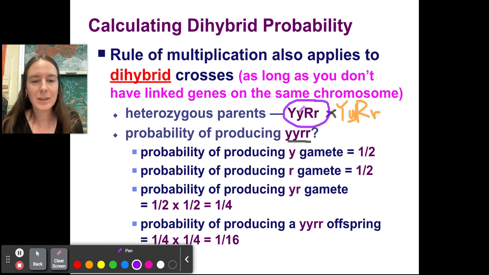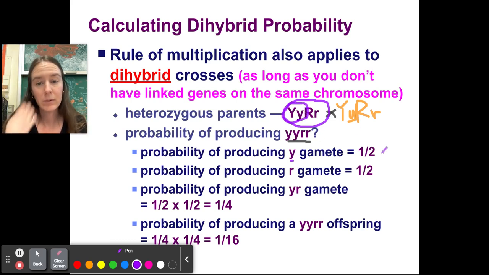So let's just focus, I'm going to zoom in even more, on this gene. We're looking at the seed color. What is the probability that this parent is going to produce a little y gamete? What are the chances? Well, it's 50-50, right? Either this one or this one. So the chances you're going to get a little y is 50%, or 1/2.